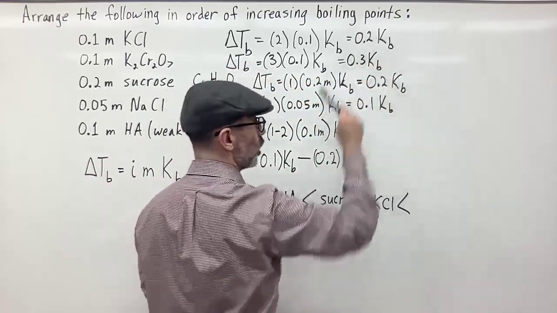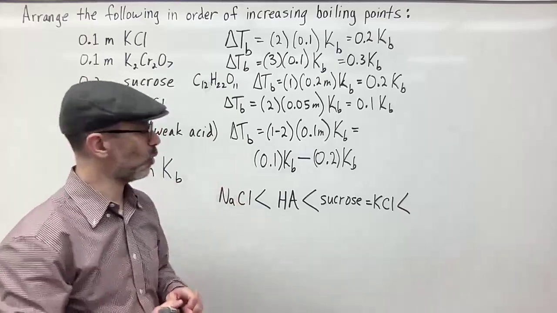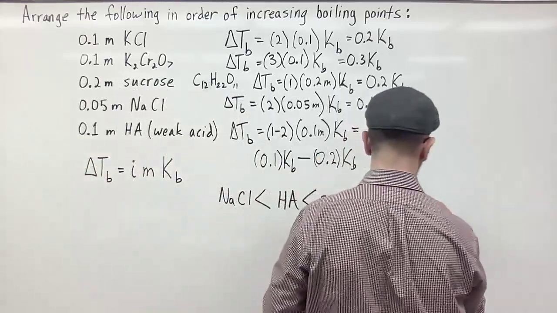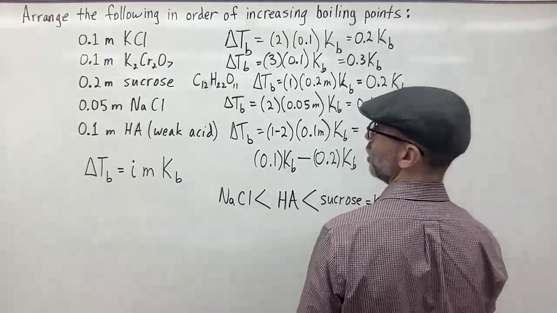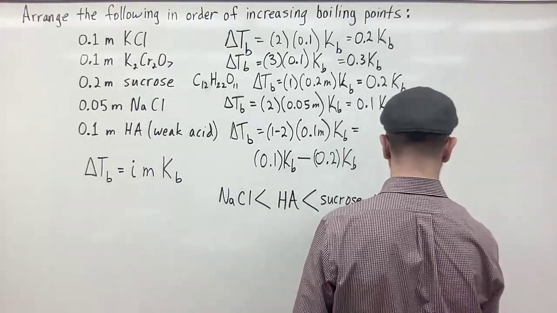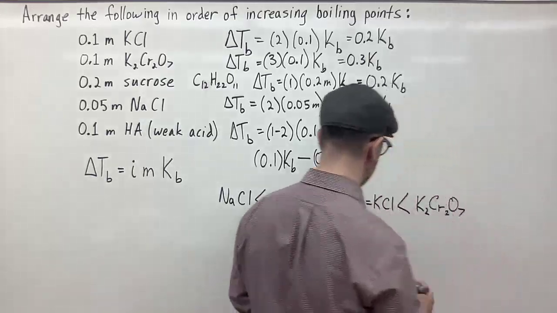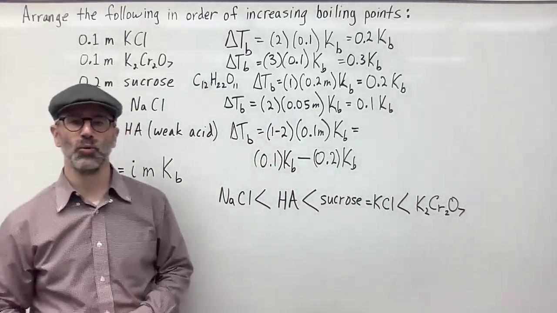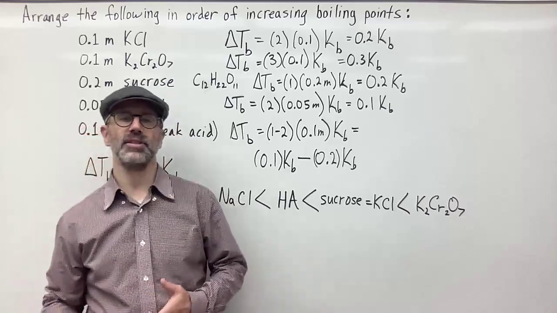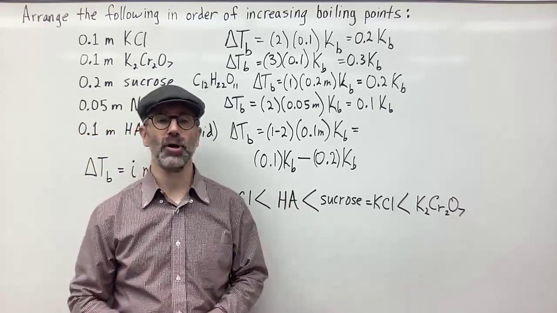So this is the largest change. It's going to have the largest elevation in its boiling point compared to pure water. So that means that this is going to be the highest boiling point, and that's going to be K2Cr2O7.